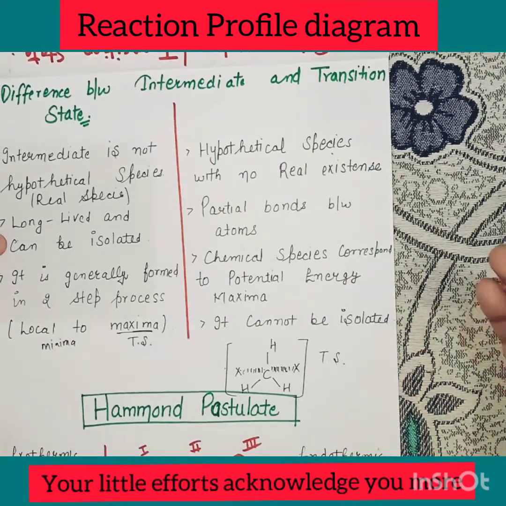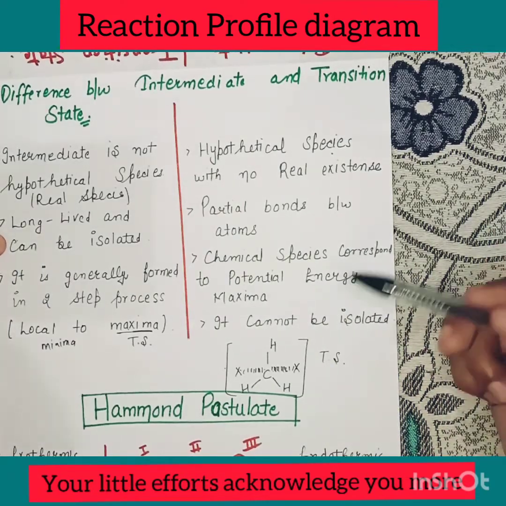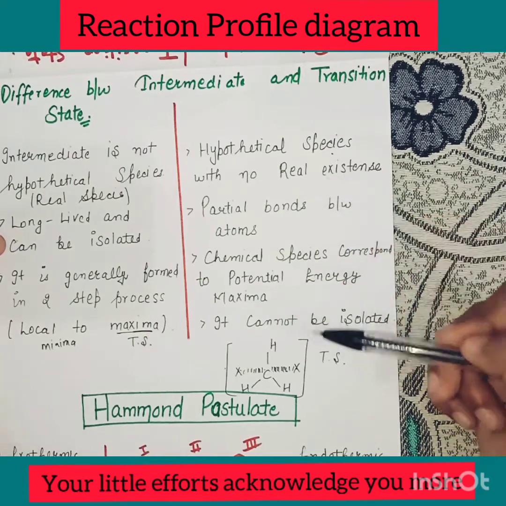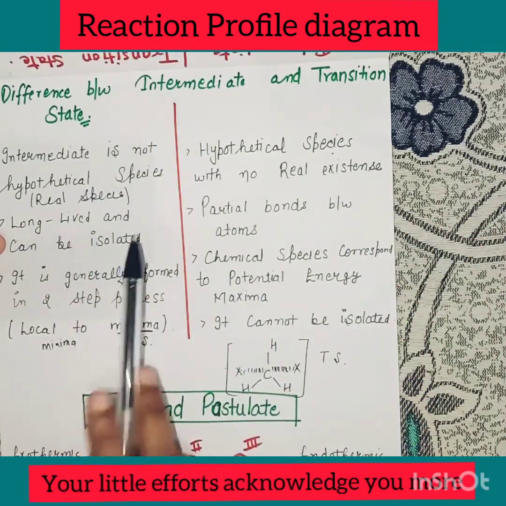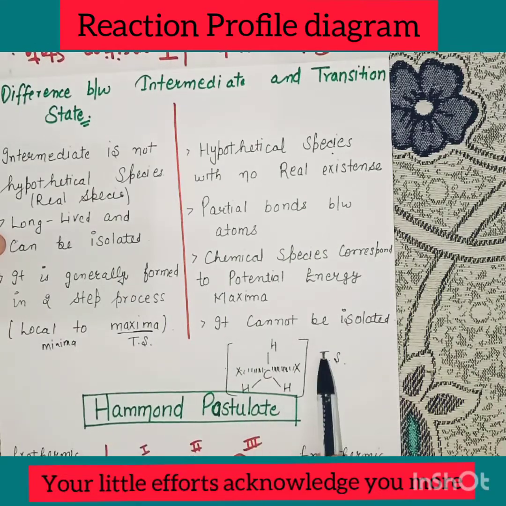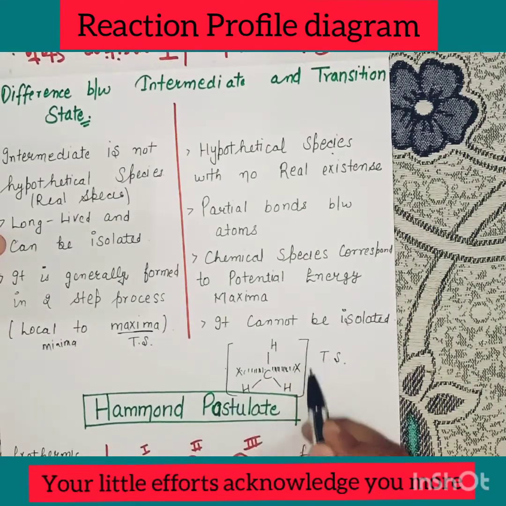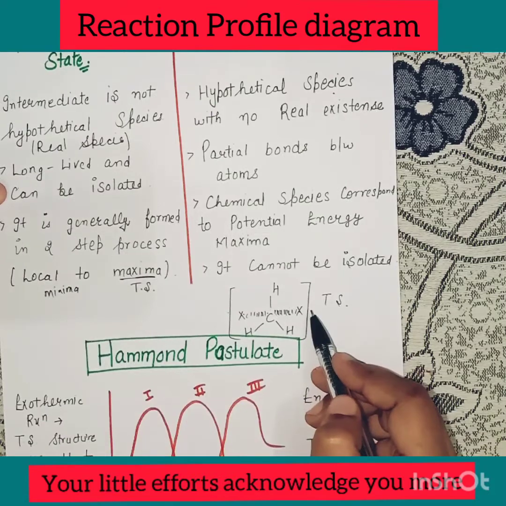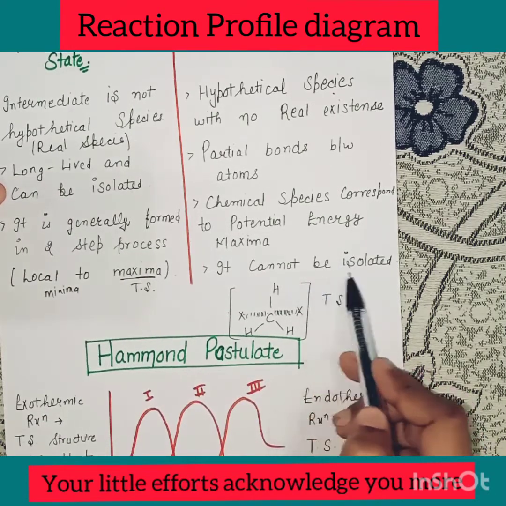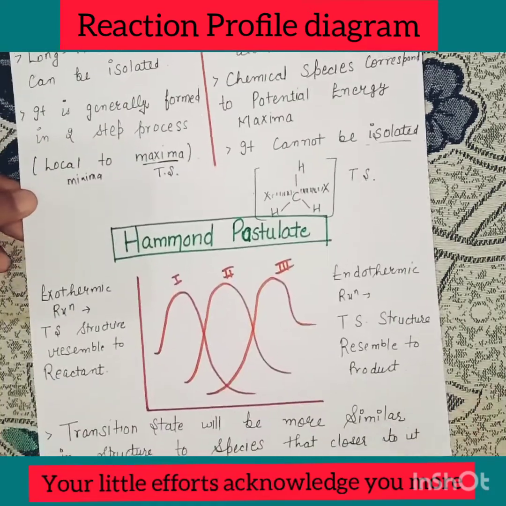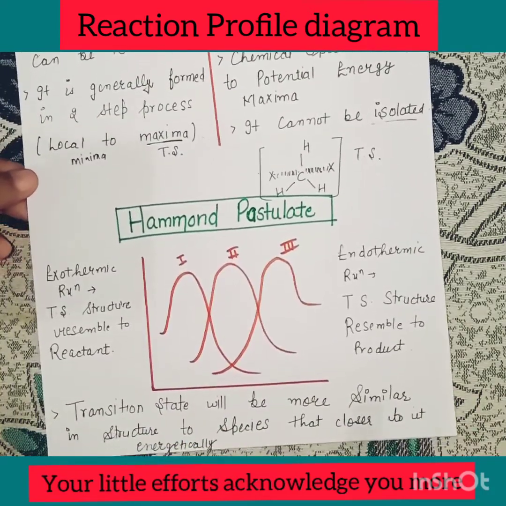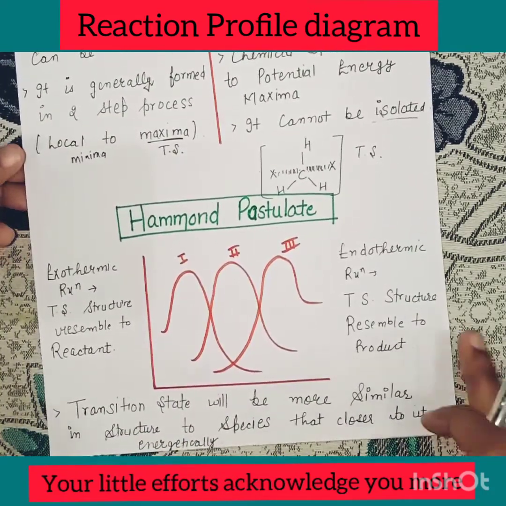As we already see in our energy profile diagram that the maxima position is our transition state. Intermediate can be isolated, but transition state cannot be isolated because it does not have its own existence. It is not real, so how can it be isolated? It can't be isolated.